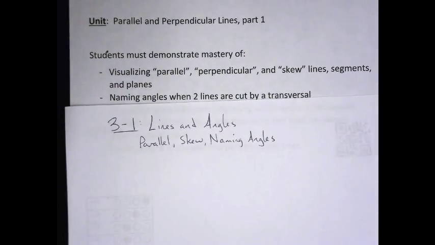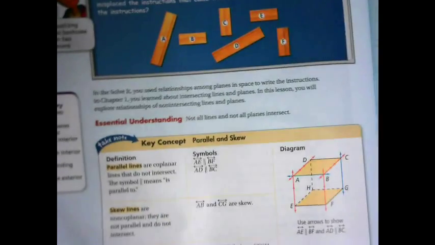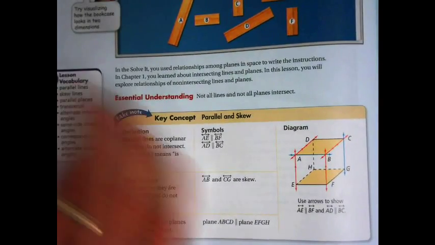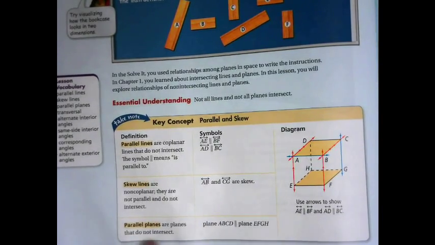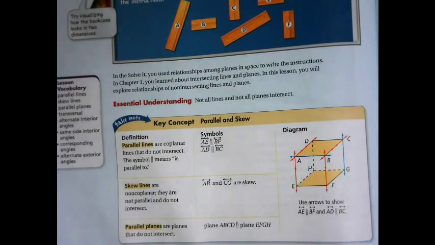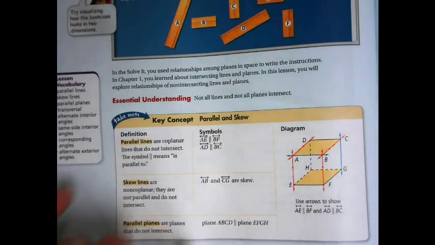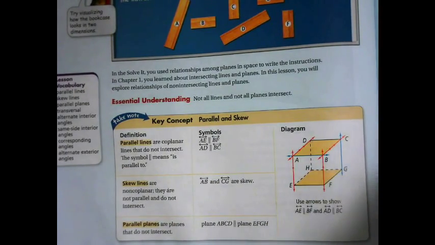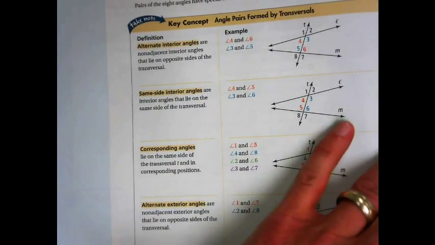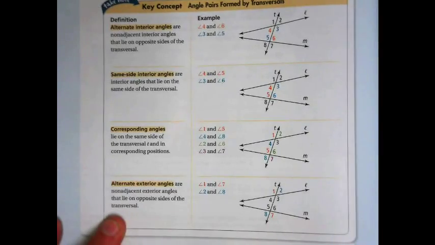Now, there's all this yummy stuff that exists in the book. You talk about these key concepts with pretty pictures and the vocabulary, talking about parallel lines and parallel planes and what's the deal with skew, and I'll talk about that in a little bit. And then we get into another neat key concept chart about angles formed by transversals, and you have this whole page here.